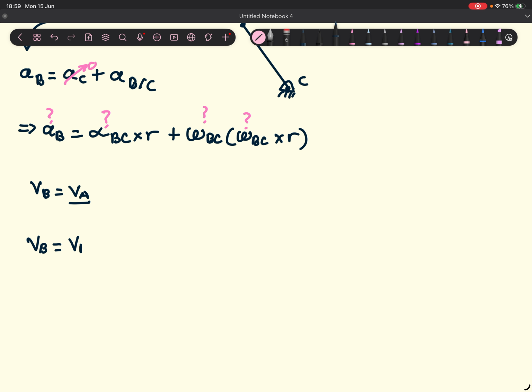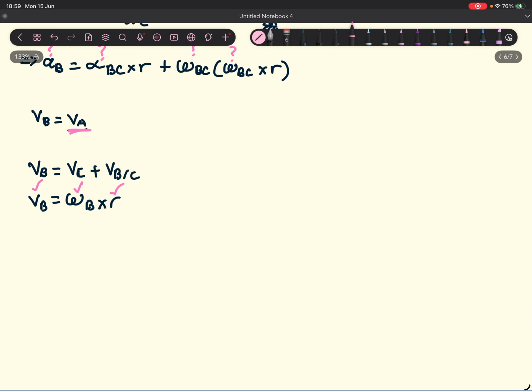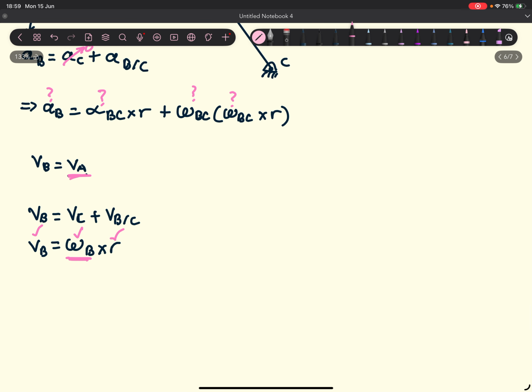So we have VB is equal to VC plus VB relative to C. And then that will decompose into omega BC crossed with R. That will give you VB. And then we know this because we know that it's equal to VA. Then we can solve for that. And we also know that. And then we can plug in our omega BC. Can plug that into this.